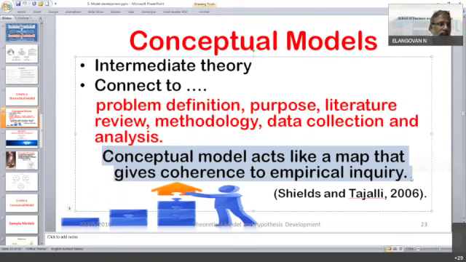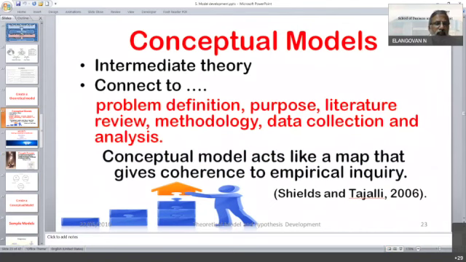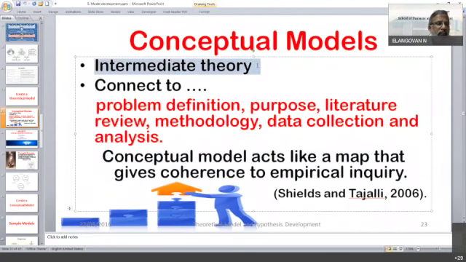As I told you, it's an intermediate theory. What we try to do there is bring something in. We try to include maybe a new variable as a factor, as an independent variable. Or you may try to include a new mediating variable.